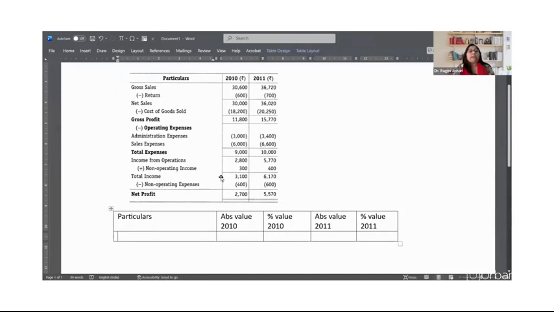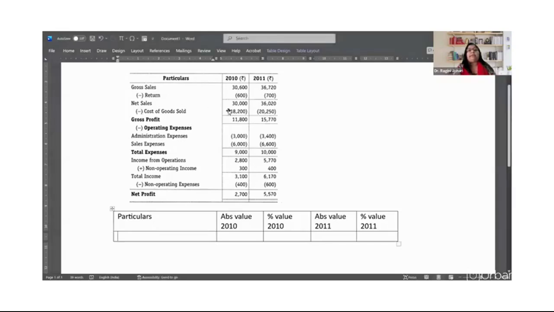Here the common value pertains to the sales, that is my net sales, since it is the income statement. Okay, so let us start making it.